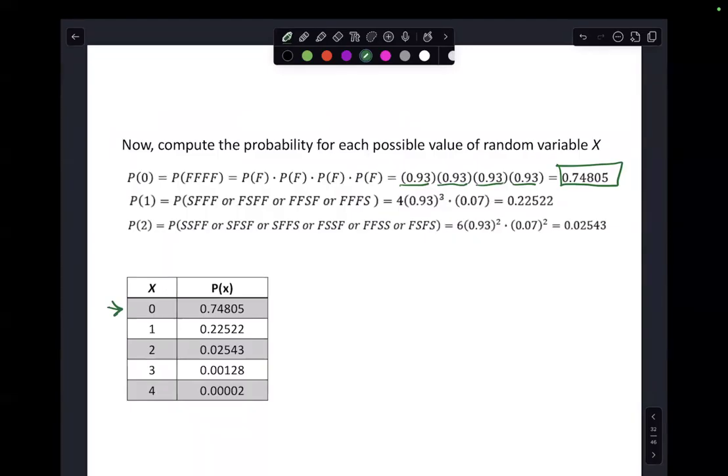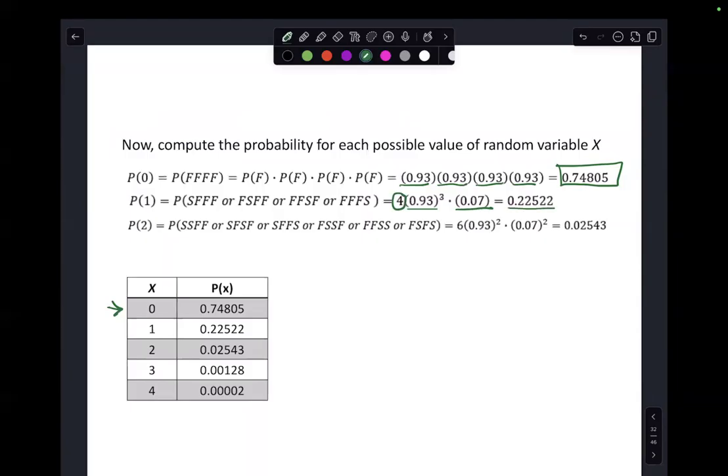So we had 4 different ways of getting 1 success. We have failure to the third power because it's 3 failures, and success once. So failure to the third power times success, and there's 4 different ways to do that. So I'm going to multiply that by 4.